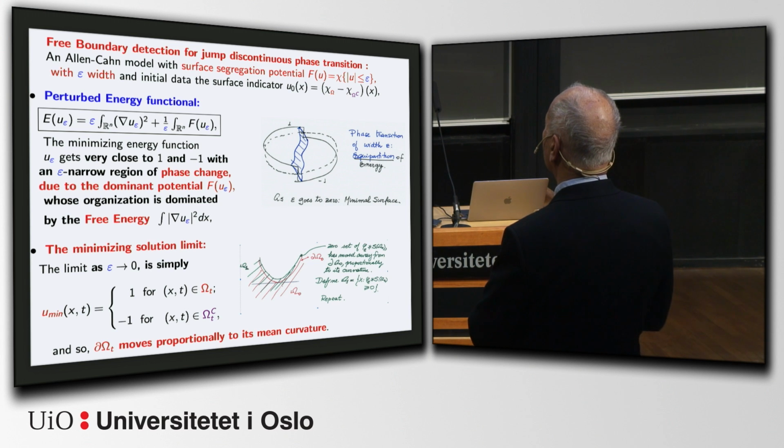The minimum energy function, u epsilon, gets very close to 1 and minus 1 with an epsilon narrow region of phase change, due to the dominant potential f of u sub epsilon, whose organization is dominated by the free energy, the integral of the gradient of u, so the Laplacian of u squared. So the minimization solution limit.